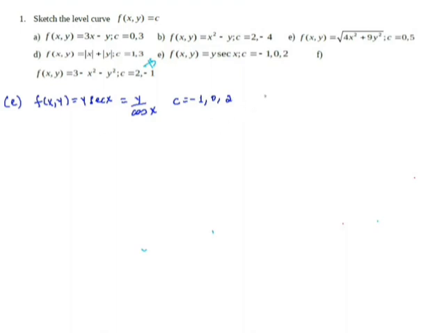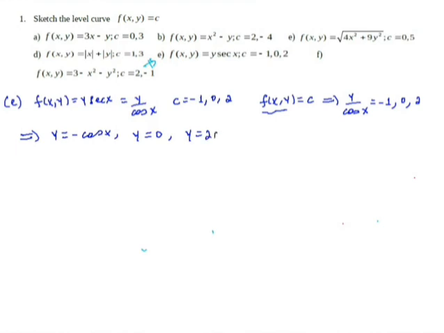So f of x, y is equal to c means y over cos x can be -1, 0 or 2. So when we rearrange, y is equal to minus cos x, or y is equal to 0, and the other one is y is equal to 2 times cos x.